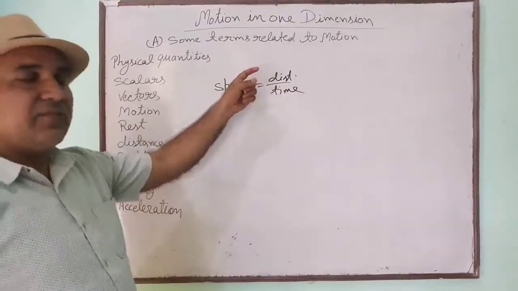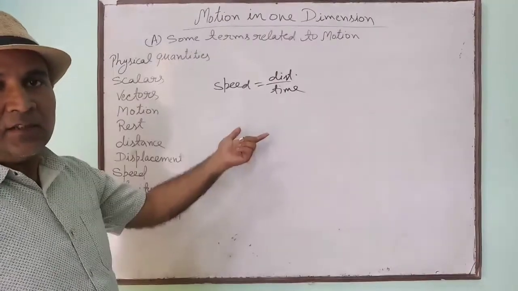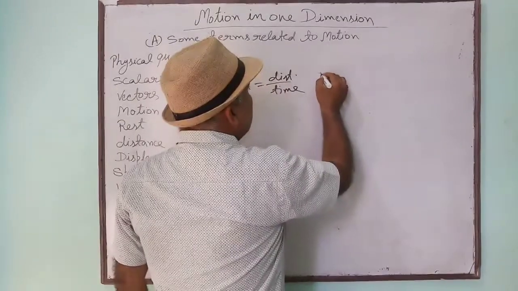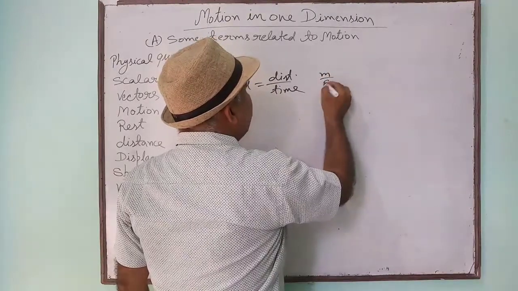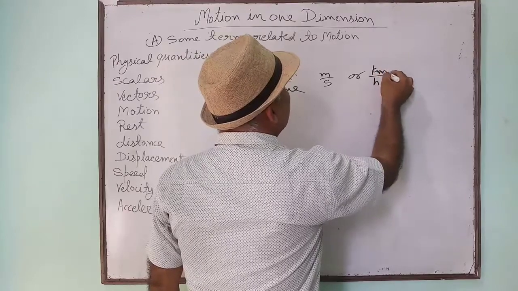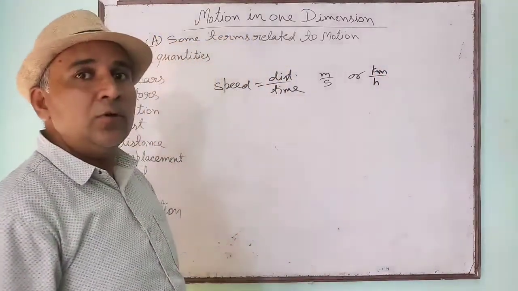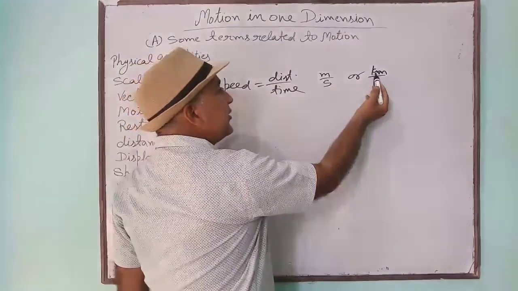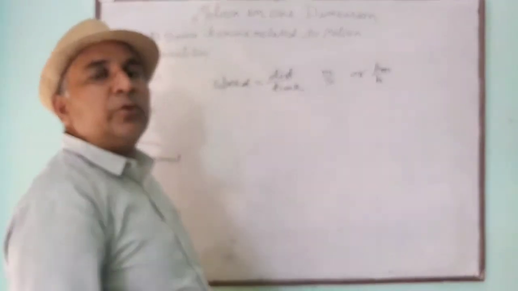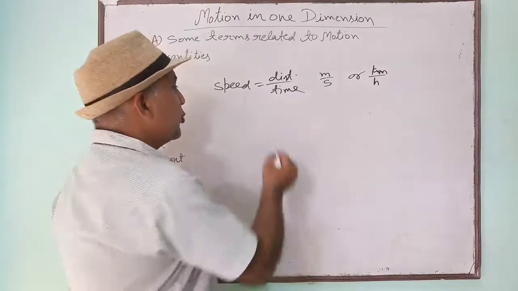If distance is given and time is given, we can find the speed. The noted point is that the unit of speed is meter per second or kilometer per hour. Now you have to know how to convert kilometer per hour into meter per second and meter per second into kilometer per hour. Only that is the noted point.